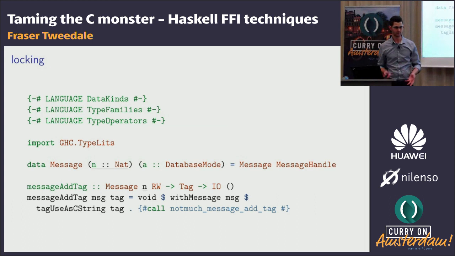So what we can do here, just add more type parameters to the message data type, a type level nat to represent the frozenness of the message. So message 0 mode is a message that is not frozen, and if you freeze it, you get a message 1 database mode. Add tag can be used at any level, so it's just defined as a message n read-write for any n.